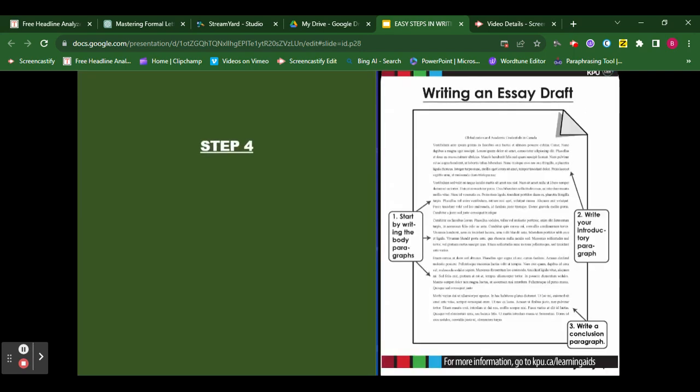Still on step number 4, the next thing is to write the body of your letter, which will be made up of paragraphs. Okay, after the introduction, you have the body paragraphs, which should consist of paragraph 2, paragraph 3, and paragraph 4, as the case may be, depending on how many key points you are going to discuss.